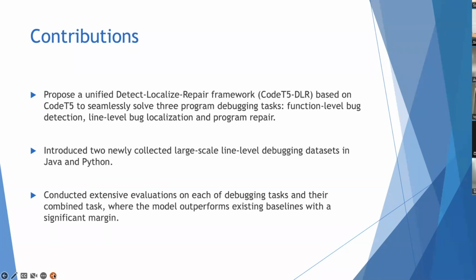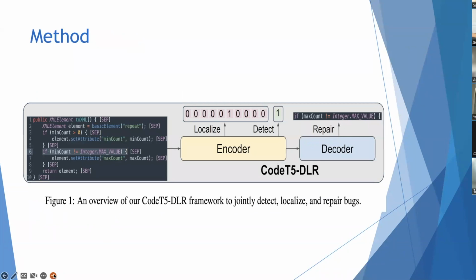They conducted extensive evaluations on each of the debugging tasks and their combined tasks, where the model outperformed existing baselines, which were all pre-trained models, by a significant margin. So the basic idea of this paper is that a function is given, which is the function-level detection. It identifies whether a function is faulty or not.